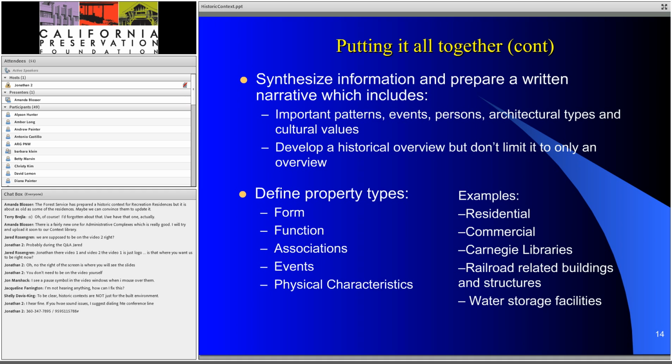Property types would be residential, commercial, libraries, Carnegie libraries, public institutions, railroad-related buildings, water storage or water conveyance. There's all kinds of property types, and you would have to look to see what you have in your context area or what that scope is.